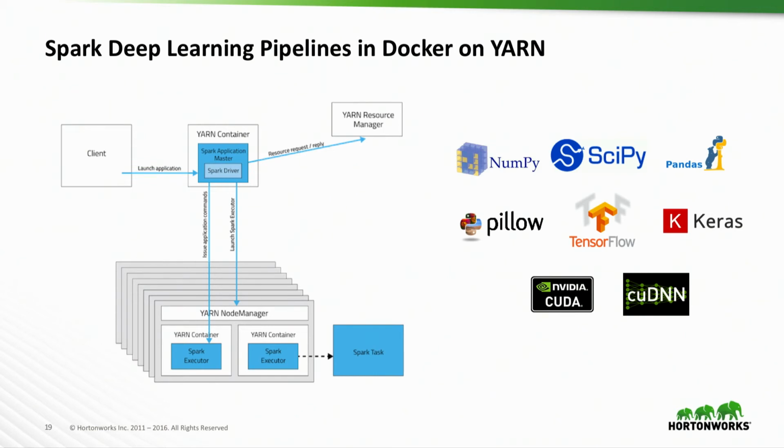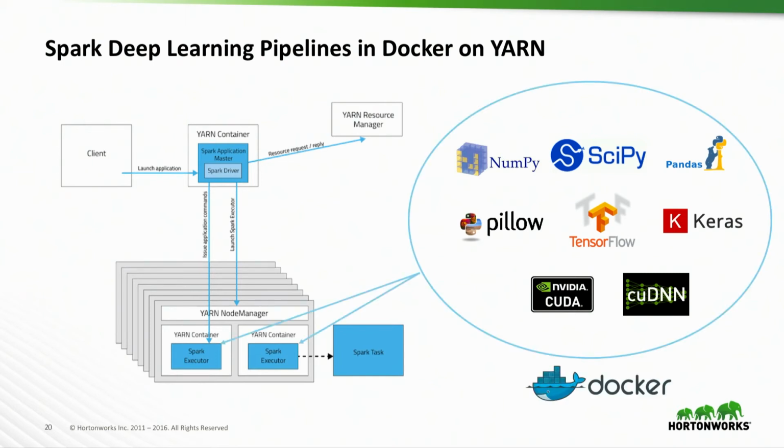But can we also move Spark jobs to run in Docker on YARN? One way is to put everything into a Docker image, and the Docker image will help us set up the environment.